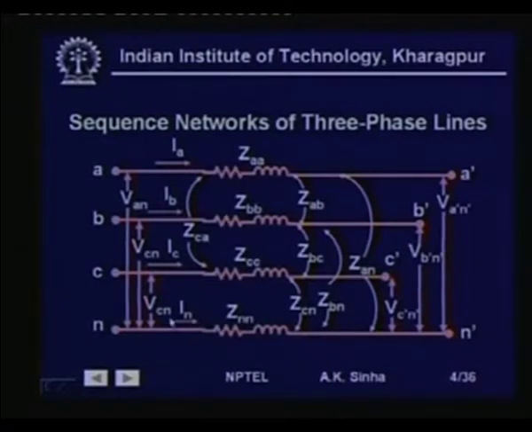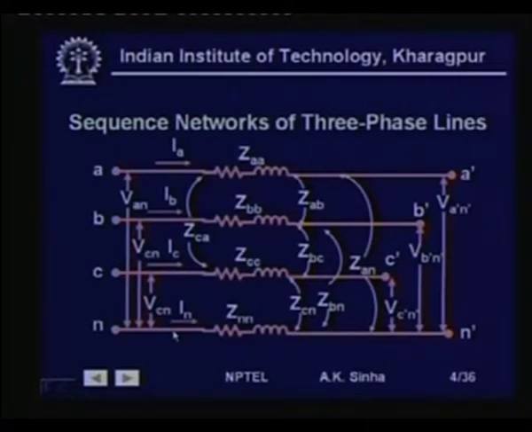This will be because of IN flowing, but because of the other currents flowing, say current in phase A, we will have ZAN into IA, which will also be a drop in the neutral conductor, and ZBN into IB will be a drop in this, and ZCN into IC will again be a drop in this conductor.